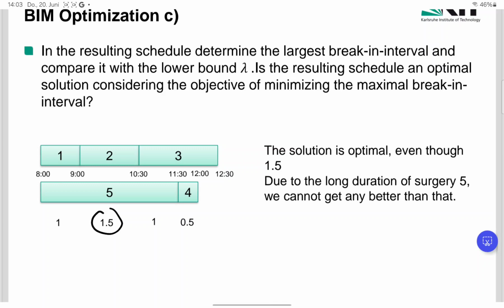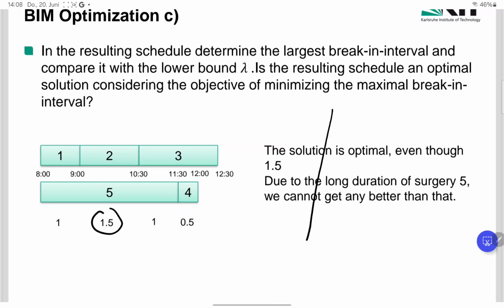So even if our theoretical optimal lower bound would be 1, we cannot hit it all the time, because the longest duration is 3.5 hours. It's not possible to reach exactly 1 hour every time.